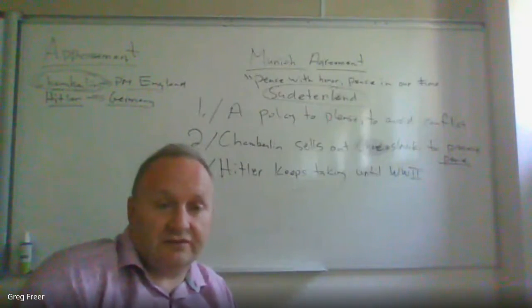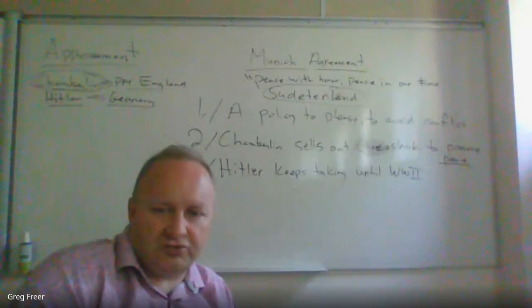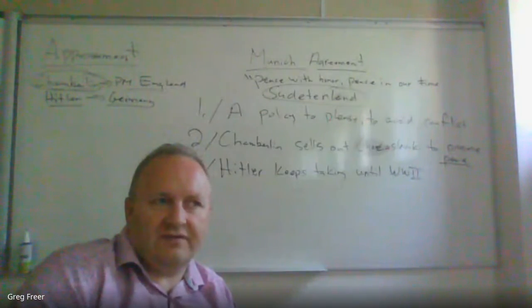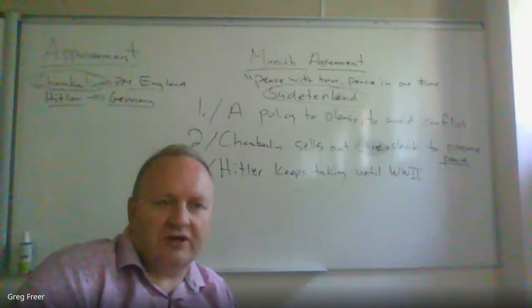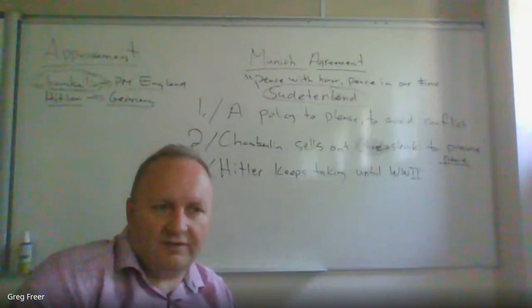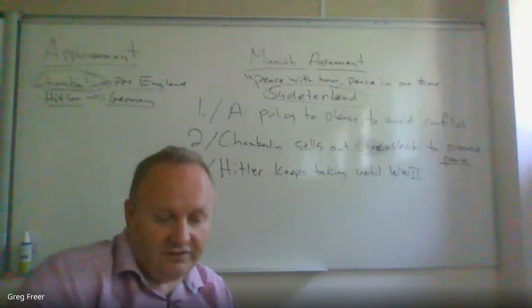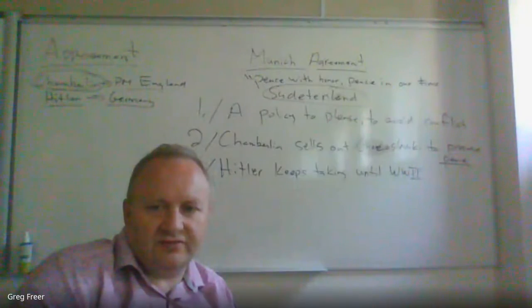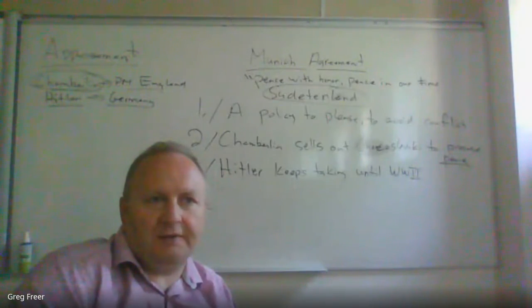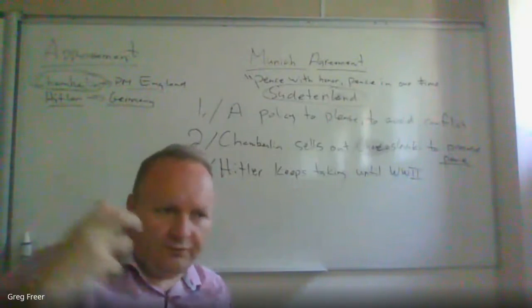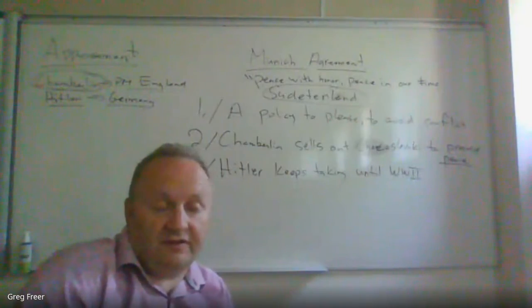So Chamberlain's very complicated. People evaluating him in history value him as weak, most people, and even the documentaries. If you watch the video Why Appeasement, it's a BBC production out of England, but it pushes the idea that he was a nationalist, trying to protect all the English people's lives and so on.